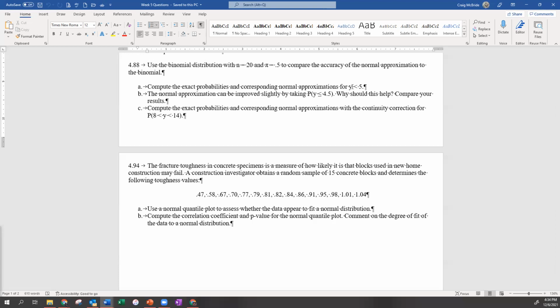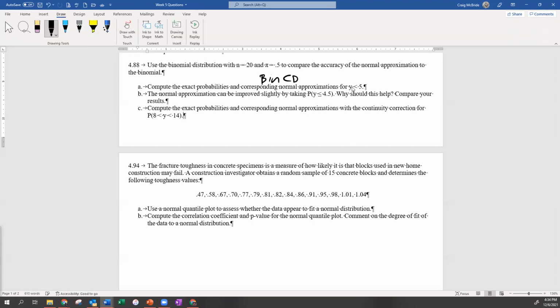Oh, sorry, you said we should do a CDF of 4 on that one? On the binomial, yes, this part A here would be a binomial CDF with 20 comma 0.5 comma 4, where it's n, p, x, I think that's the order you put it in.